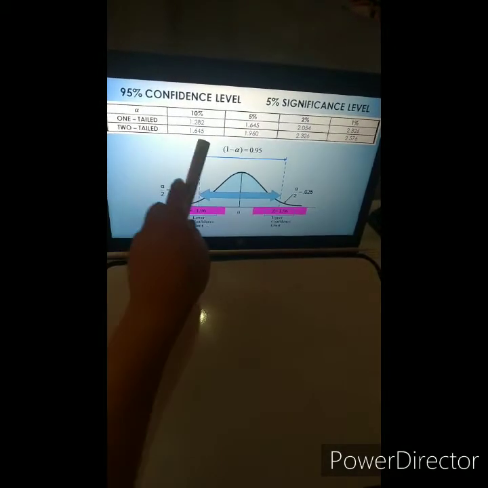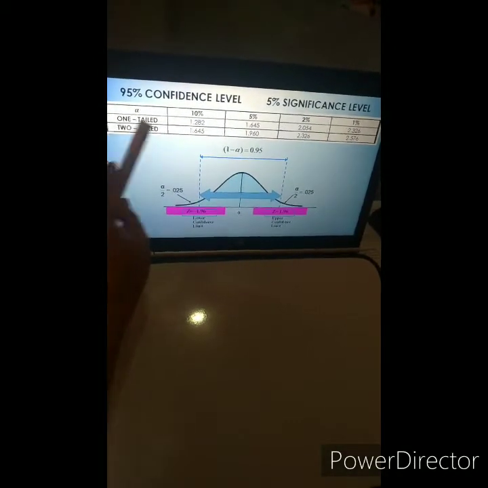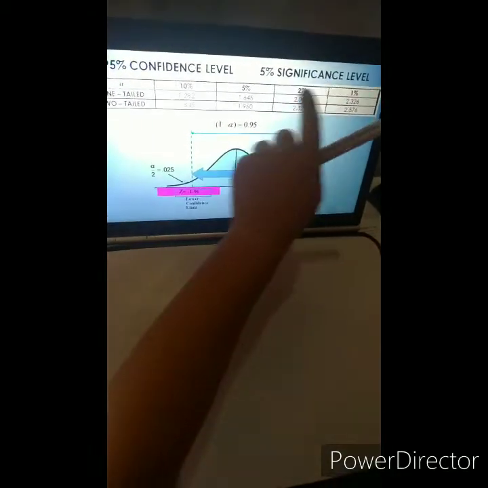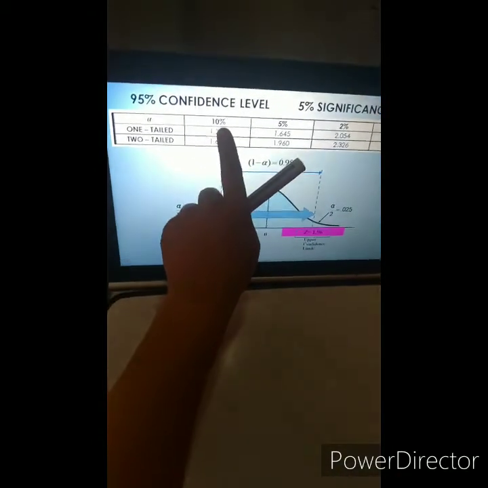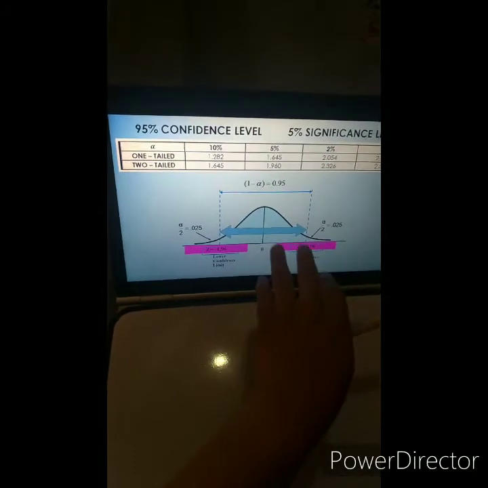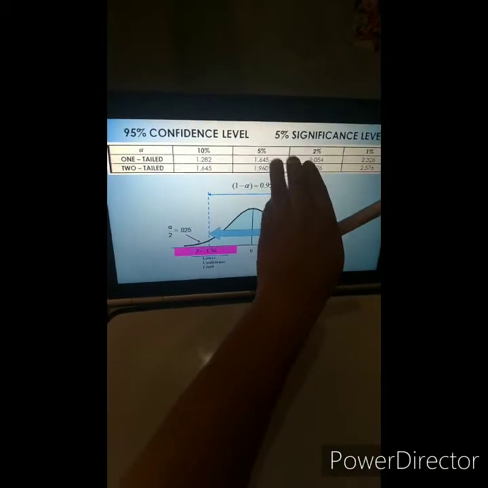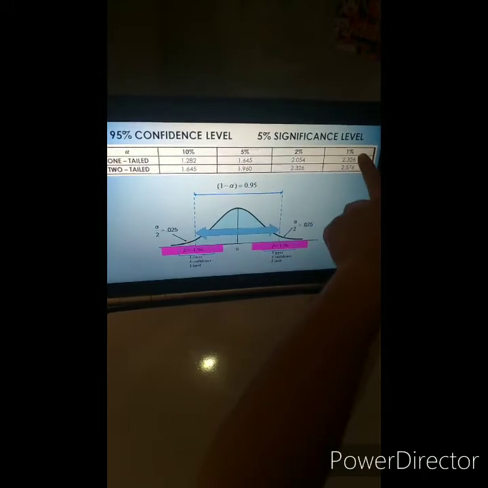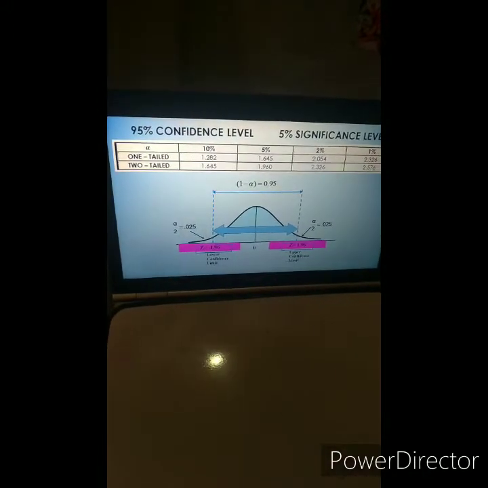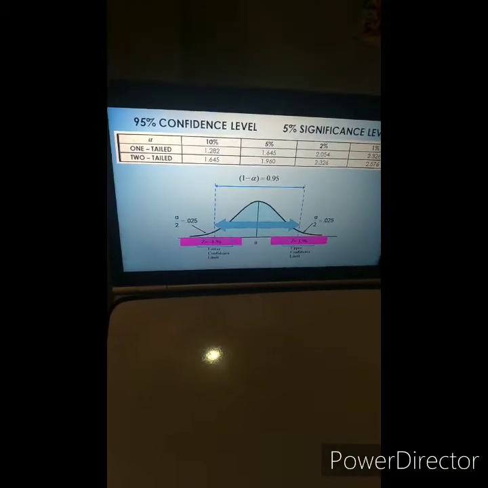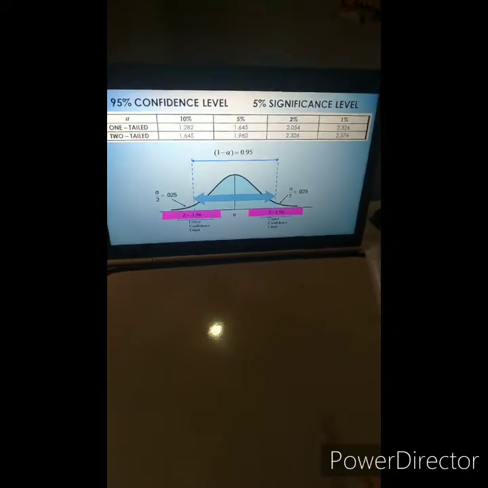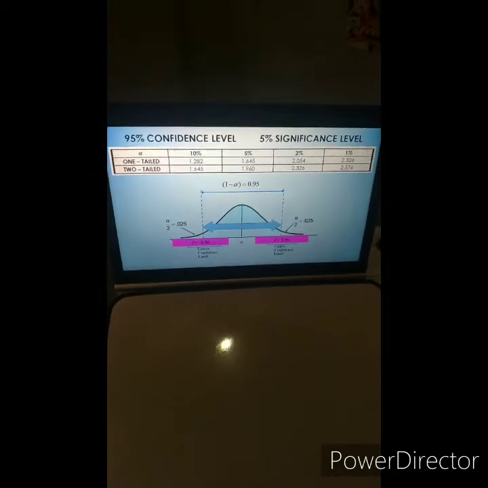These are the commonly used: one-tailed for 10% significance level, which means 90% confidence level, 95% confidence level, 98% confidence level, and 99% confidence level. Again, it's very important that you know your alternative hypothesis, if it's non-directional or directional.